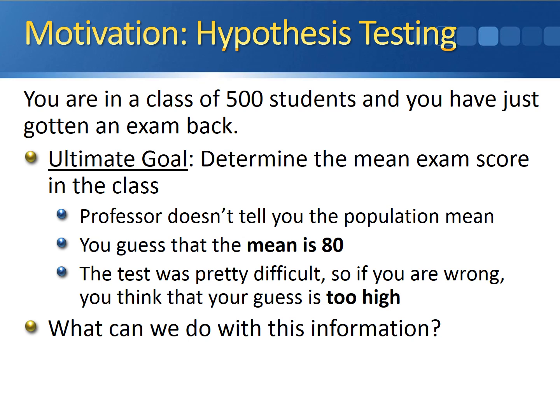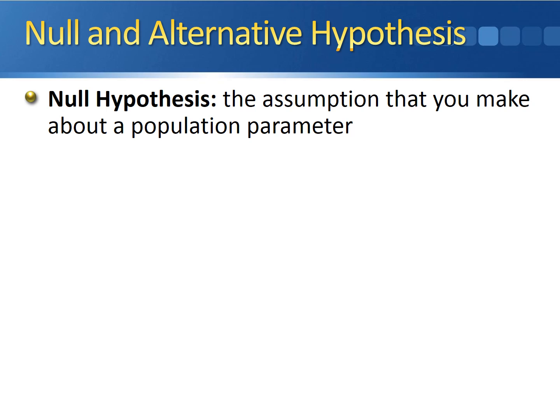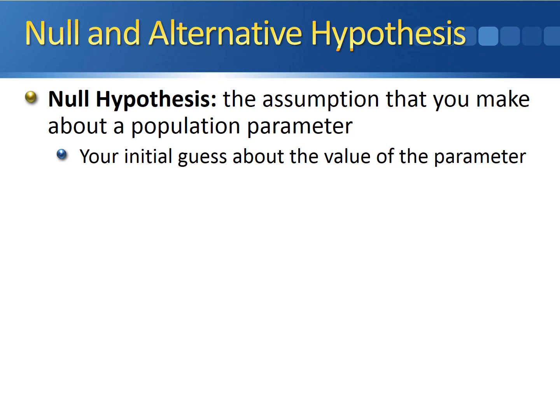Now, with this information, what are we able to do? What we're able to do is the first step in a hypothesis test. We're able to set up the null hypothesis and the alternative hypothesis. The null hypothesis is the assumption that you make about a population parameter. In other words, the null hypothesis represents your initial guess about the value of the parameter.